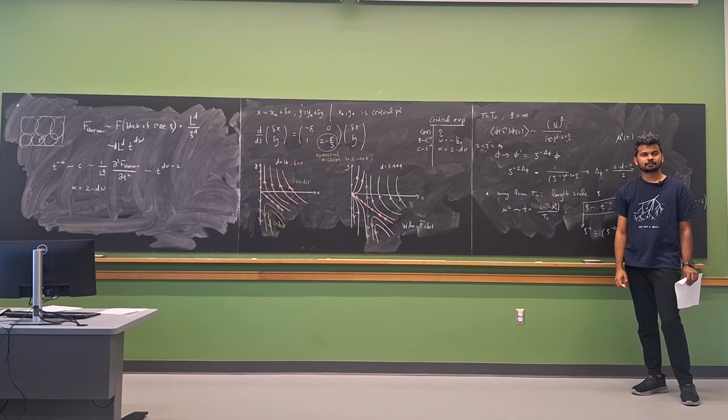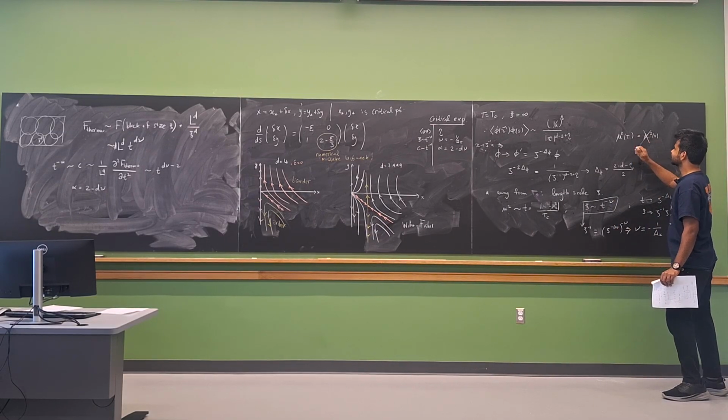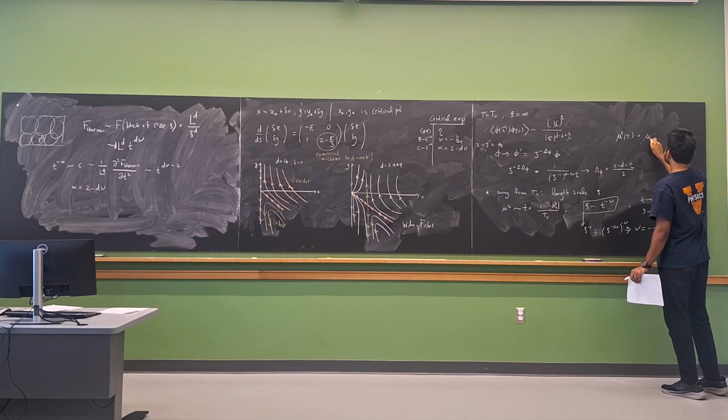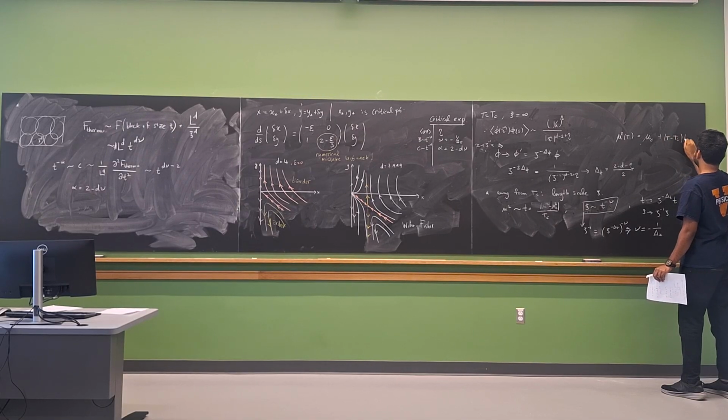Do we not have a constant, or is the constant just mu sub c? Oh yeah, I'm still thinking of the Gaussian. Yeah. So mu c plus T minus Tc stuff.